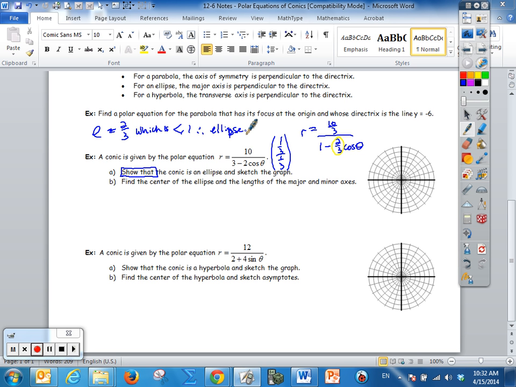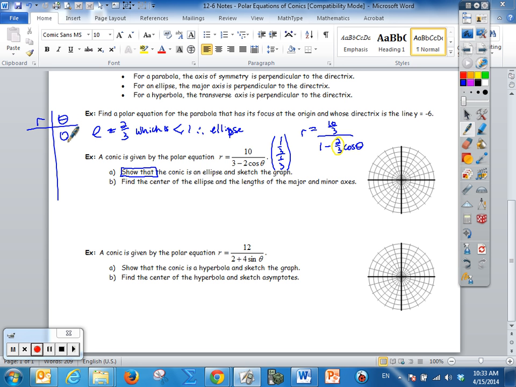Now they want us to sketch the graph. Okay, here's where I would suggest that you do a T-chart. And I really just pretty much work with the quadrantals: 0, pi over 2, pi, 3 pi over 2.